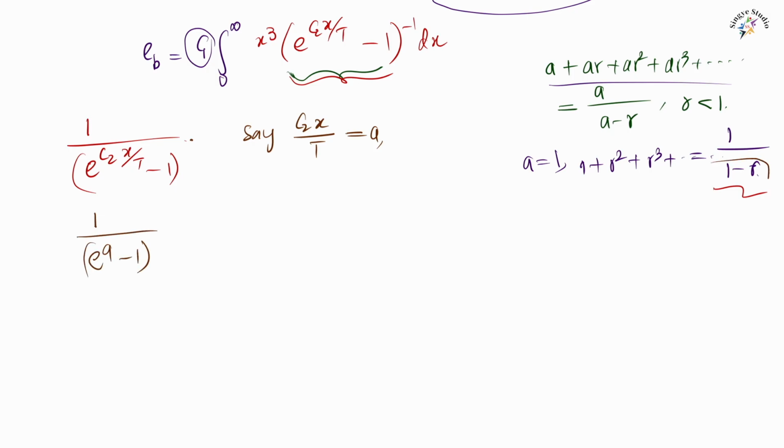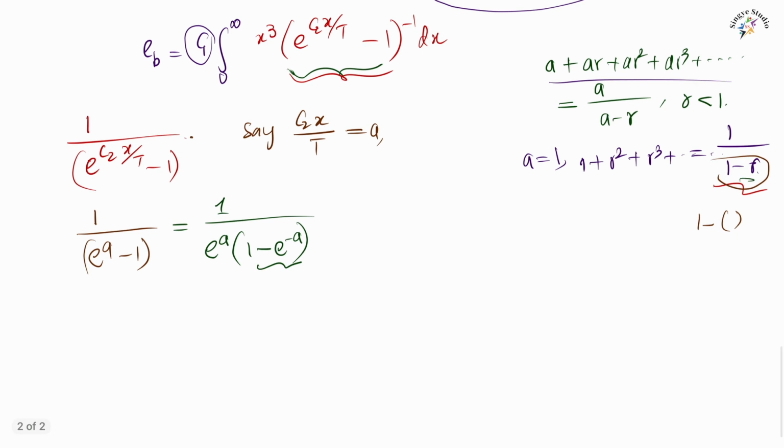But here I need something like 1 minus some number. What can I do to make this? In this case, I can say 1 divided by e raised to a times 1 minus e raised to minus a. So I am getting this in some form like this, right? Then I can say it is e raised to minus a, shifted here, divided by 1 minus e raised to minus a.